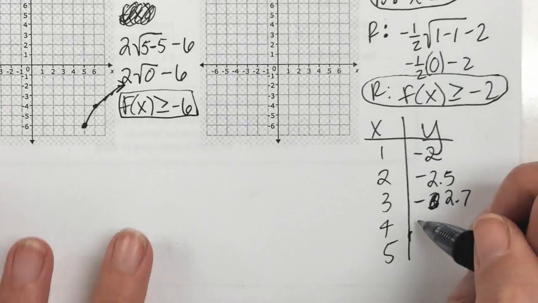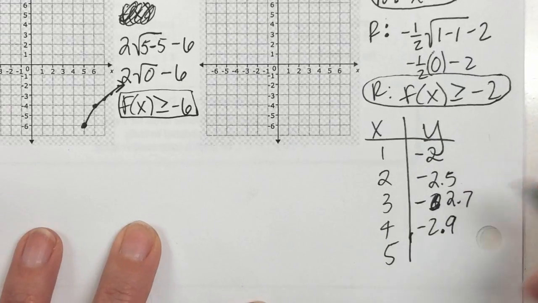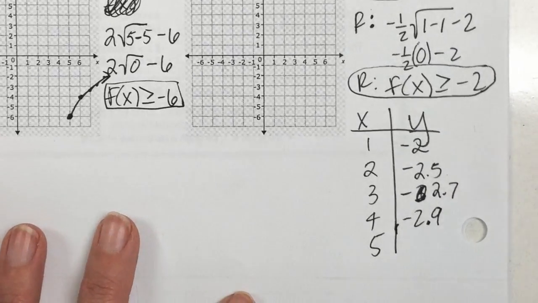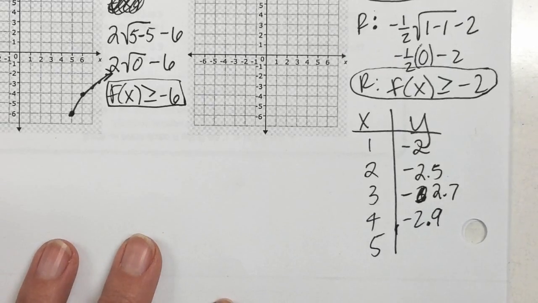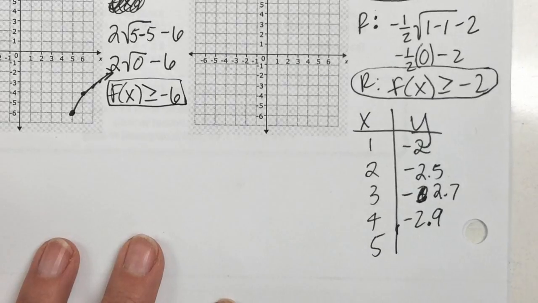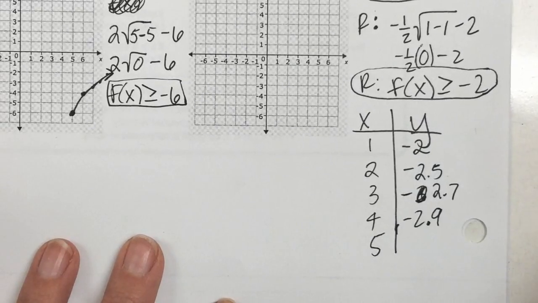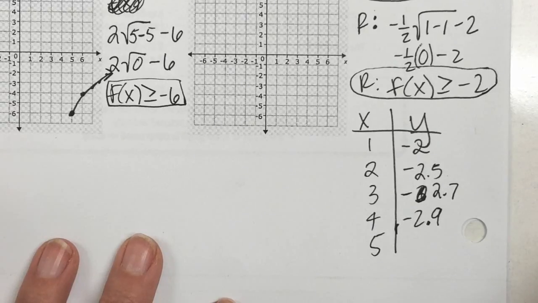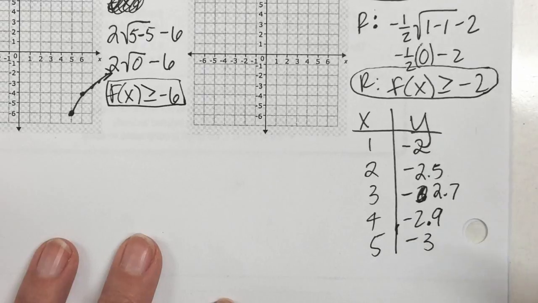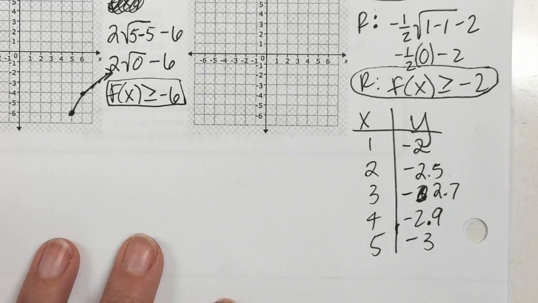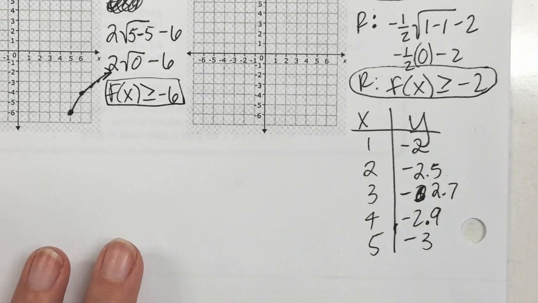That's what I got, negative 2.9. I rounded it up. Did everybody get that? Alright, and Jack, what are we going to get if we plug in 5? Negative 3. Good job, Jed. I'll take that because I cheated in my calculation. Okay, you can cheat on your calculator, that's fine.